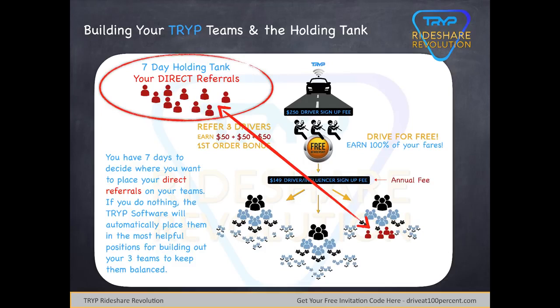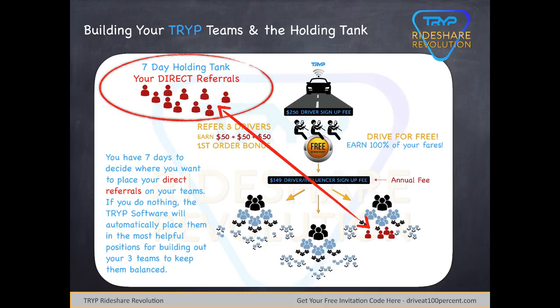So here's the thing. What if you have a lot of direct referrals? What if in the first week you're bringing in 10, 20, 100 people? What happens to those people? Well, the way the software is built with Trip, you have what's called a holding tank.